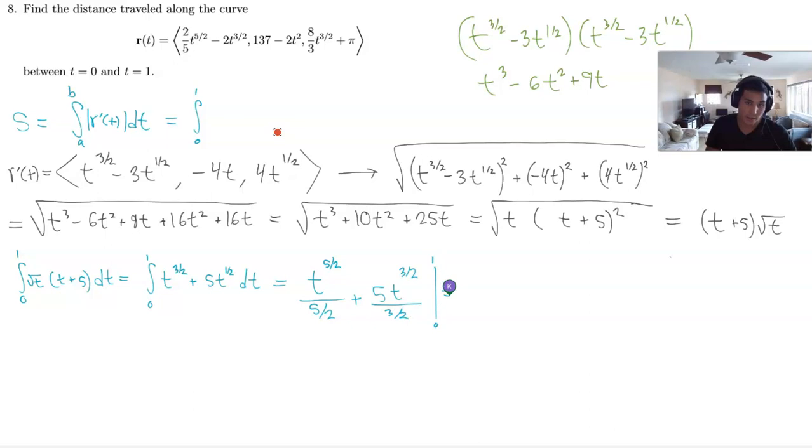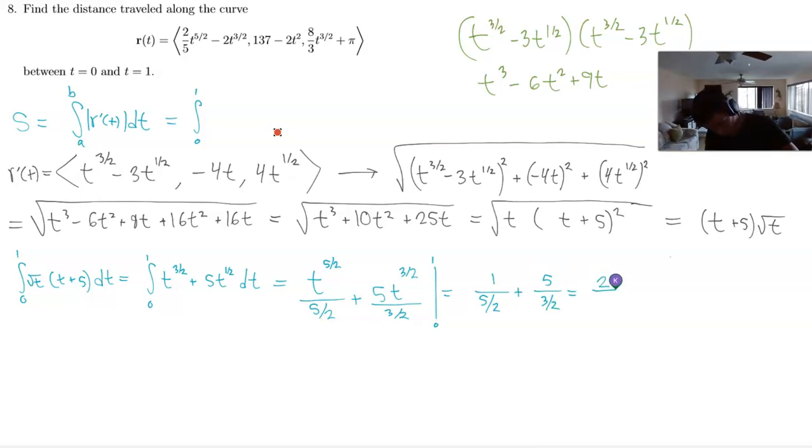If you put 1 in here, you just get 1. You put 0 in here, everything goes away. So let's put 1 into it. We get 1 over 5/2, plus 5 over 3/2. We'll write this properly: 2 over 5 plus 10 over 3.